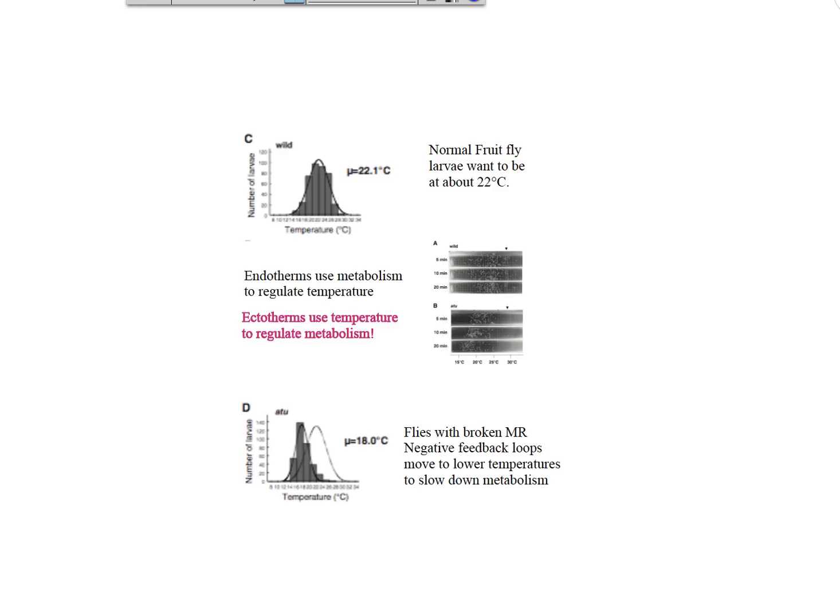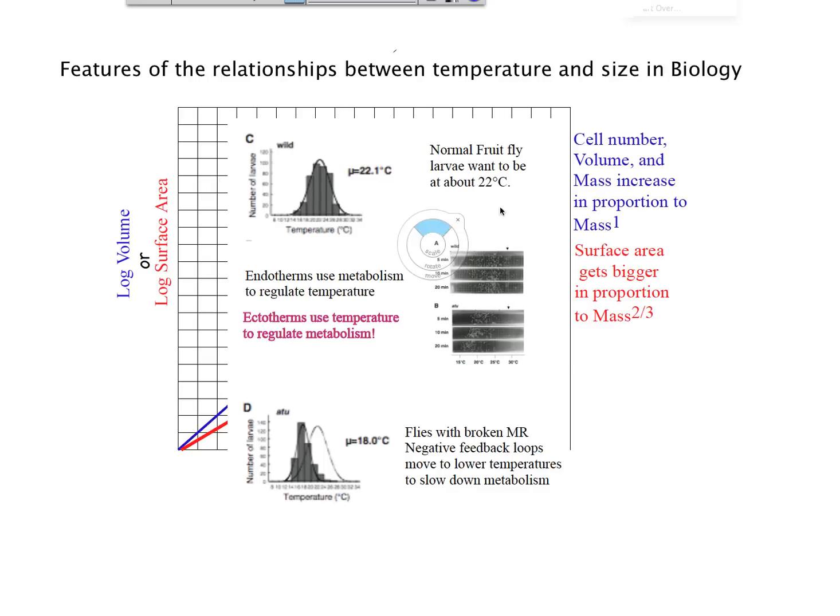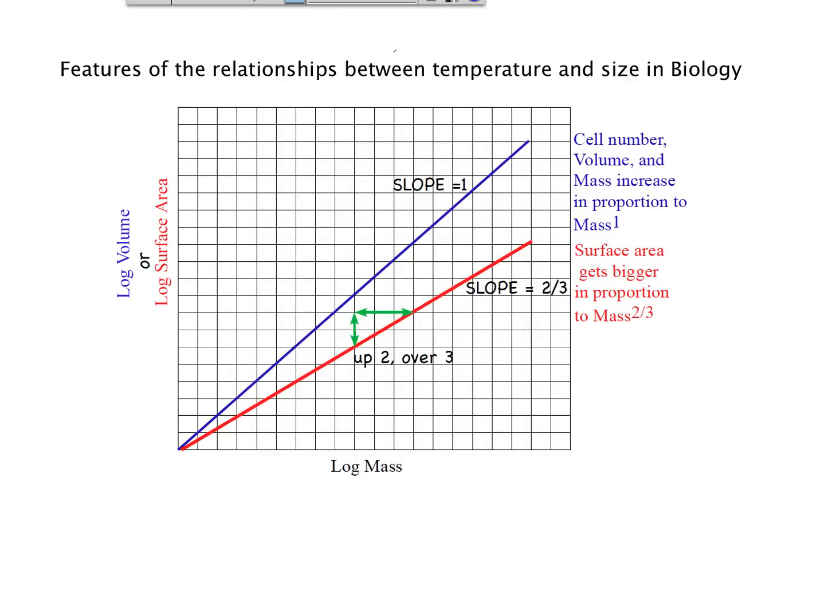The first consequence of this relationship between animal size and the surface area to volume relationship of the animal: one consequence, heat is made by cells.